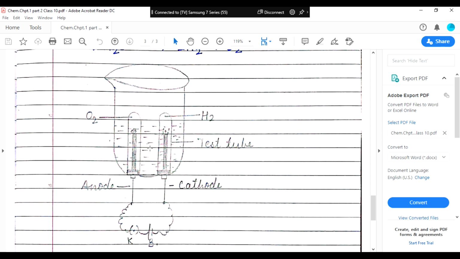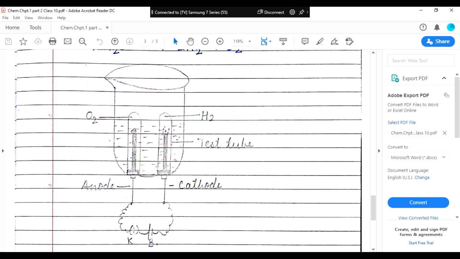In this, we have to take a beaker and set two electrodes, anode and cathode. Then we have to invert test tubes on the electrodes and fill them with water. These electrodes are connected to a battery and there is one key.